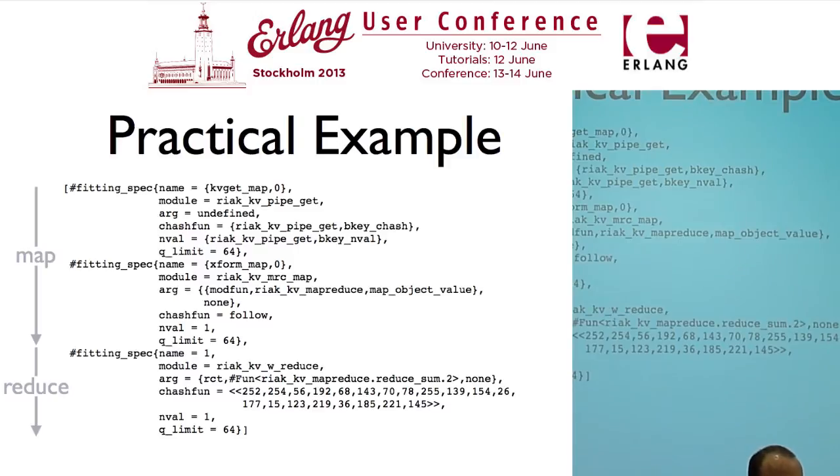This particular definition is actually used in Riak CS. We use MapReduce to compute how many bytes and how many files each user is storing in our Riak Cloud Storage, our S3 compatible system.